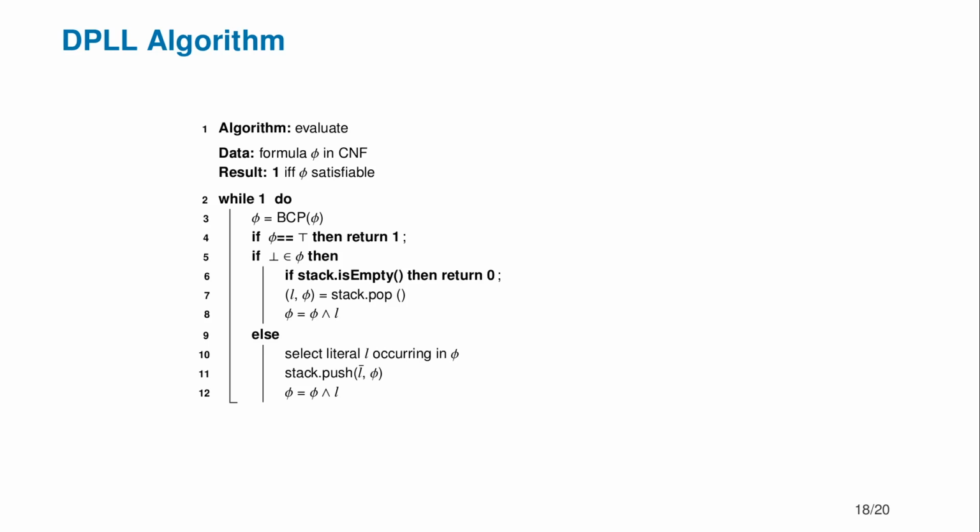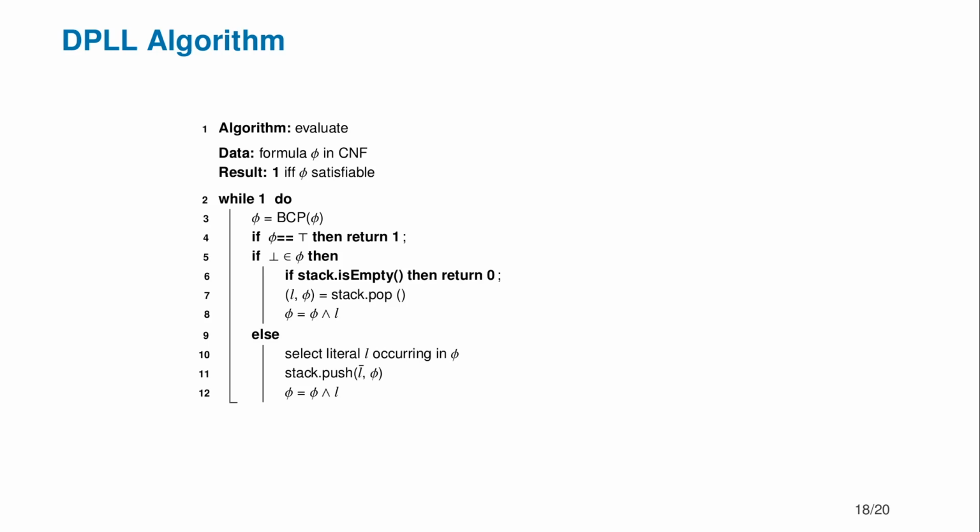Okay, and then again we check if the formula is empty after BCP, then we return 1. Otherwise, we proceed selecting a literal if the formula does not contain the empty clause. If the formula contains the empty clause, then we check if the stack is empty. If the stack is empty, then this means that there is no literal which we have to consider with its opposite value.